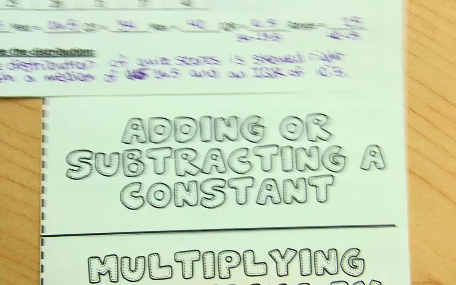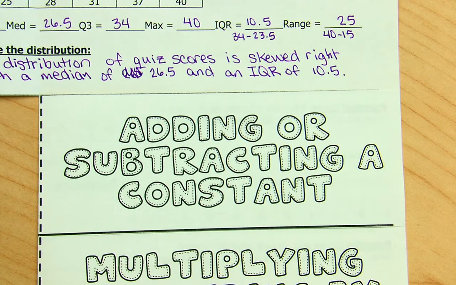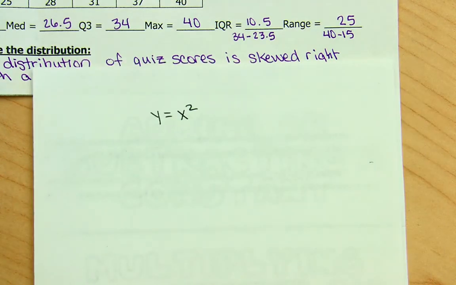Okay, so our next thing is if we add or subtract a constant. Think of what happens if you had something like, let me do this. So this is the parent function for a quadratic.